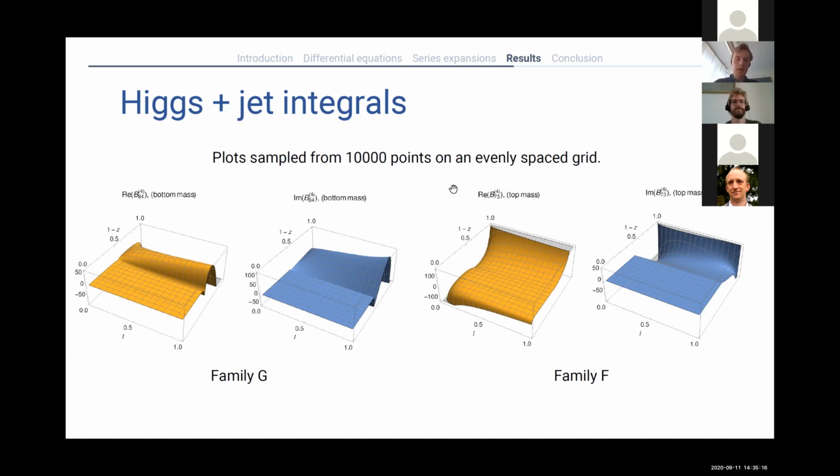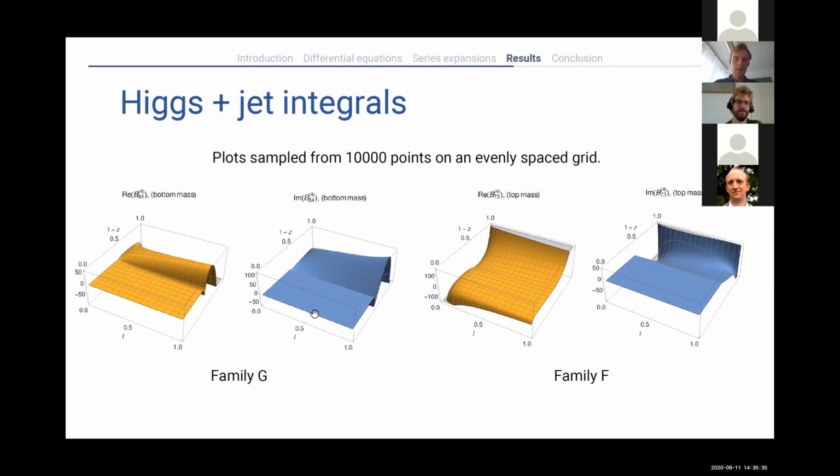It's nice to see that an approach that is somewhat blind to the underlying integrals, that just looks at the differential equations and naively expands and solves them, can actually give some really good results.